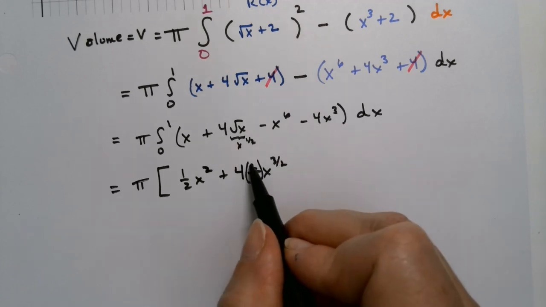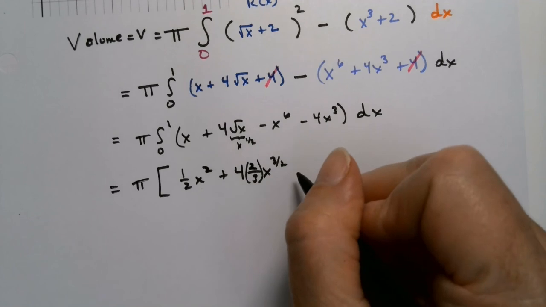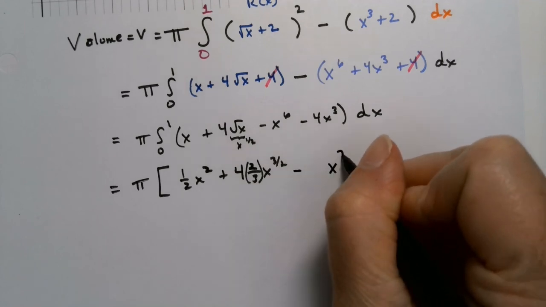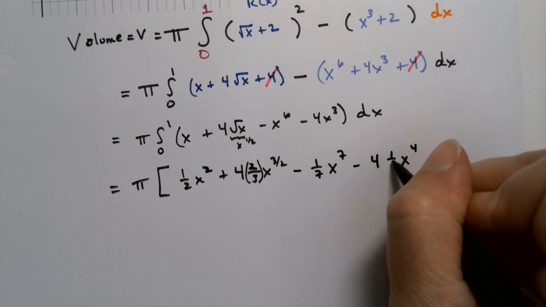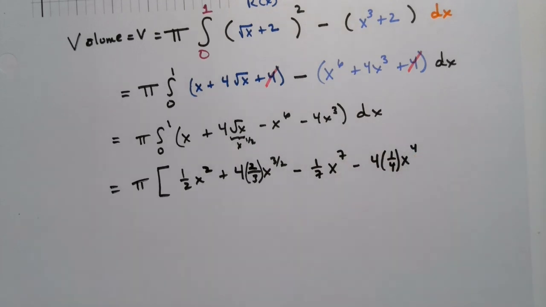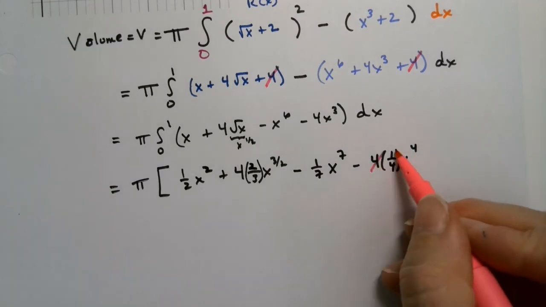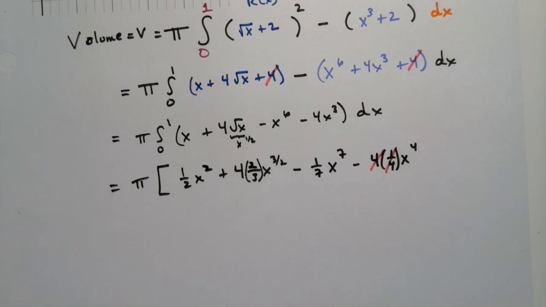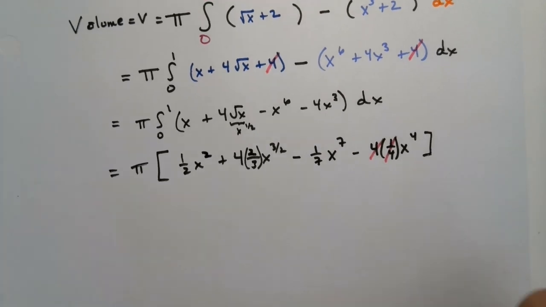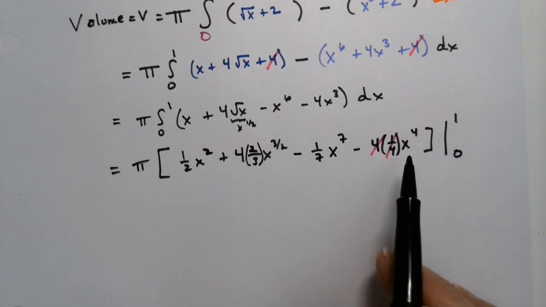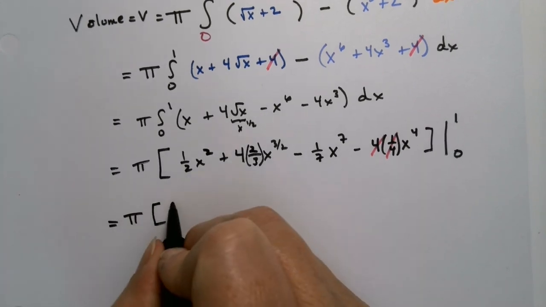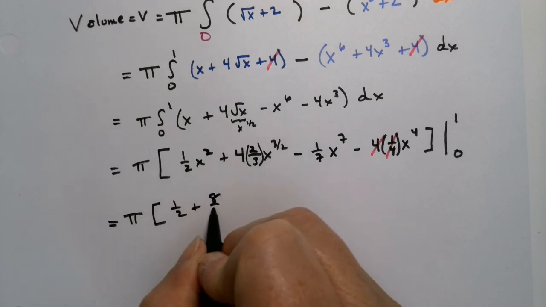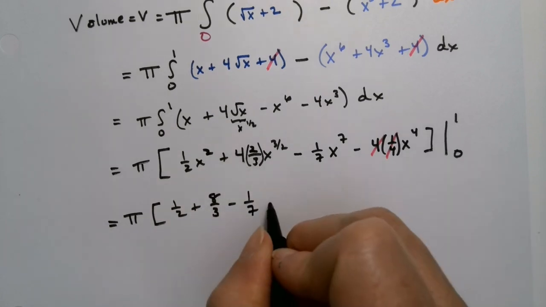We add 1 to the power and then multiply by the reciprocal of that power, aka we divide. Minus x to the 7th times 1/7, minus 4 times x to the 4th times 1/4. So that one's actually going to go away because the 4 and the 1/4 are going to cancel. And then we're going to take this from 0 to 1. Luckily the 0 is irrelevant because 0 would make all of these terms 0. So it's 1/2 plus 8/3 minus 1/7 minus 1.